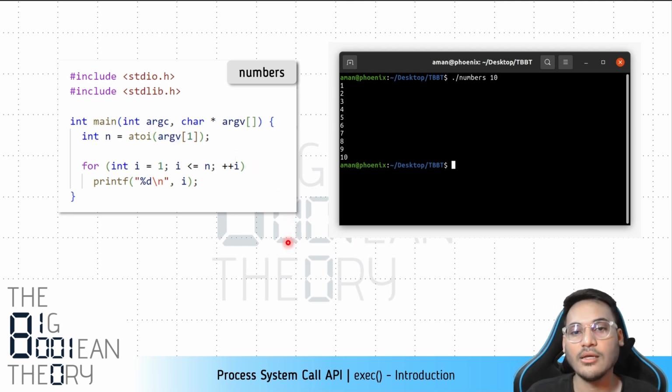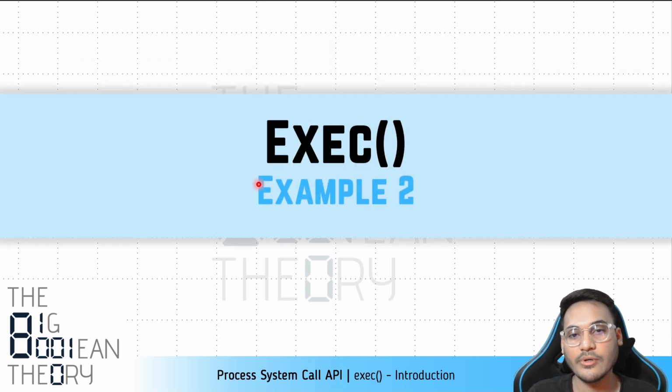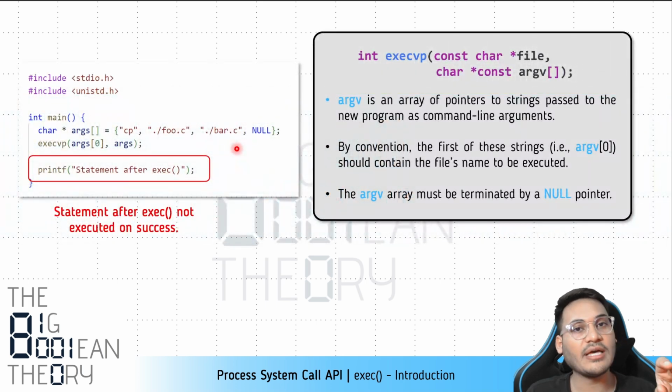Just like we know that anything we write into the shell command line, the shell internally will call exec. When we type the cp command on the shell, internally something like this is done by the shell. Whatever we type on the command line will be converted into an array of pointers to character strings, and that will be passed to exec.